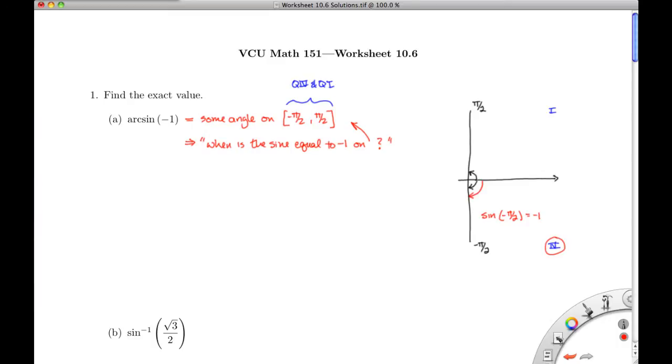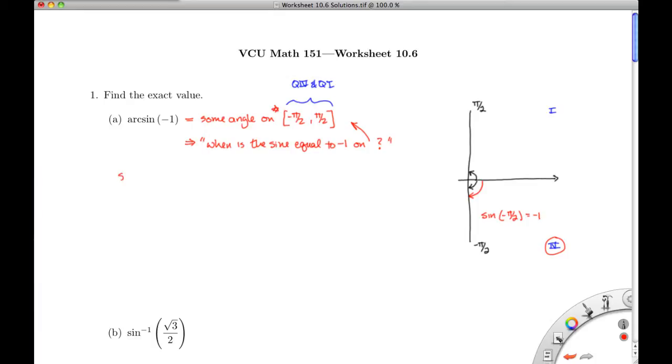That's right within the fourth quadrant. So resist the urge to call this 3π/2, because 3π/2 does not fall into this restricted range for the arcsine. We need to think of this angle of rotation as -90 degrees or -π/2.